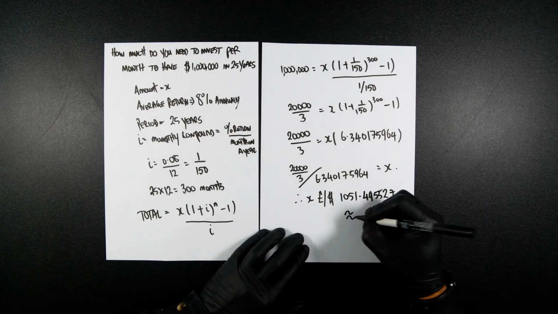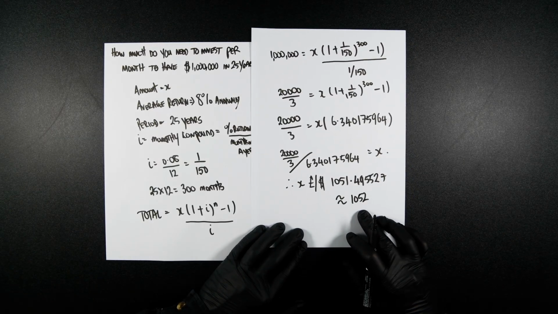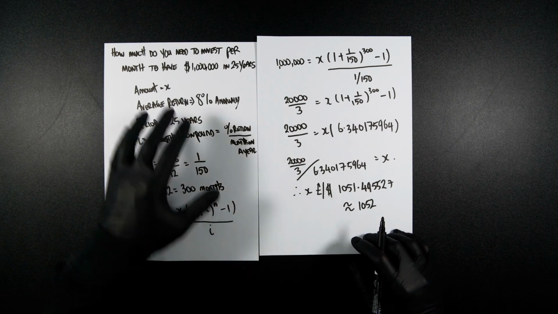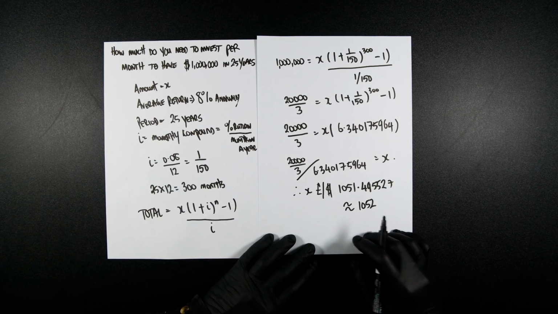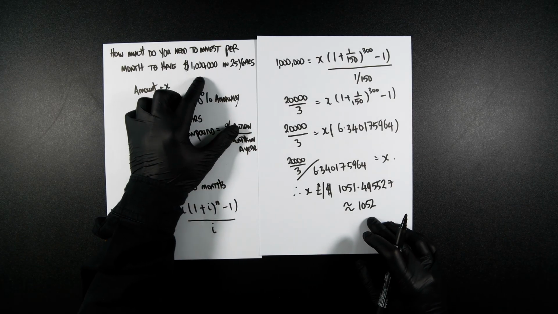Bit stupid, so that's going to become £1,052 or dollars you would need to invest every single month with an 8% annual return, so that you could have a million pounds or dollars in 25 years.